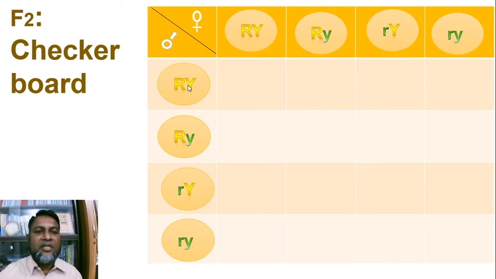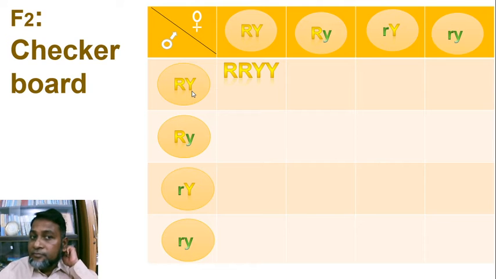Any male gamete may cross with any female gamete. When capital R capital Y is mixed with capital R capital Y, we get the genotype capital R, capital R, capital Y, capital Y. Its phenotype is round and yellow seed.